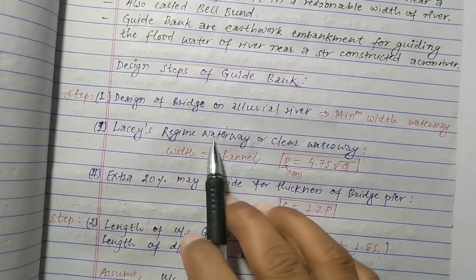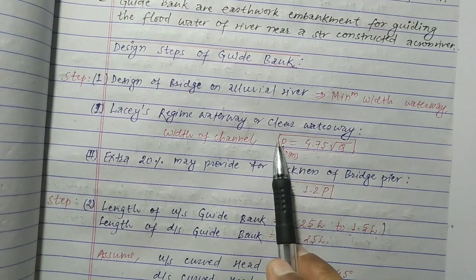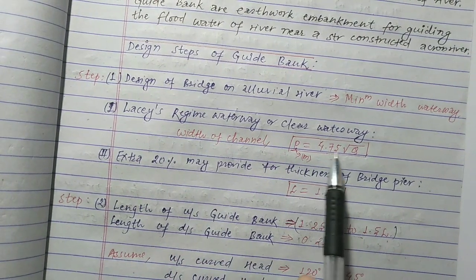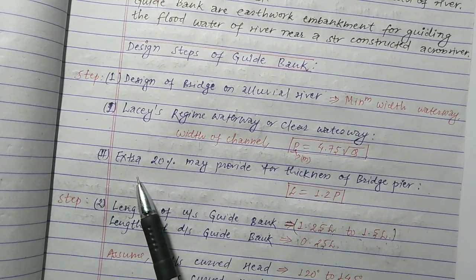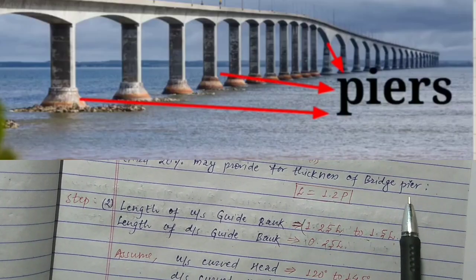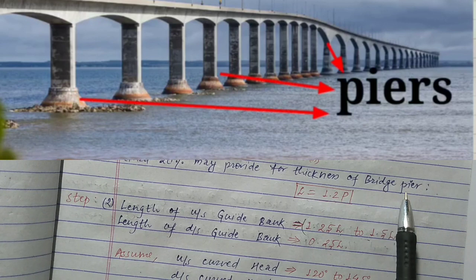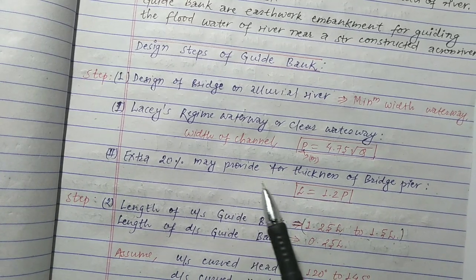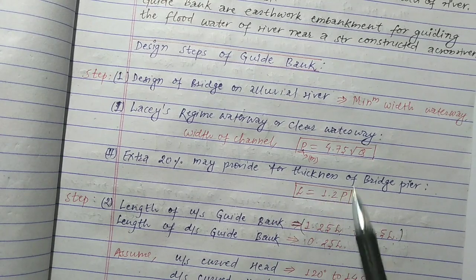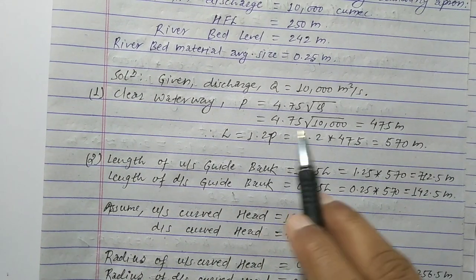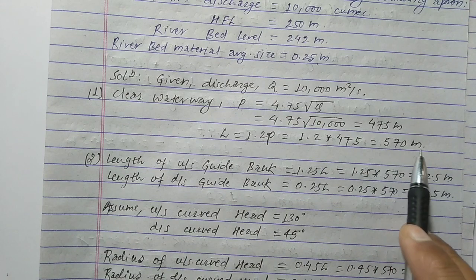We calculate the value of P using Lacey's theory, and extra 20% may be provided for the thickness of bridge piers. You can see the bridge pier in the figure. For this we have to increase 20% extra, so L equals 1.2 times P. This value becomes 570 meter.